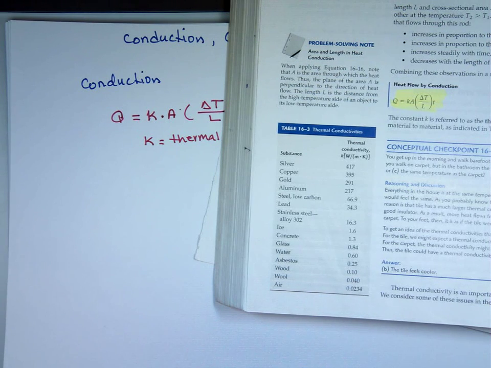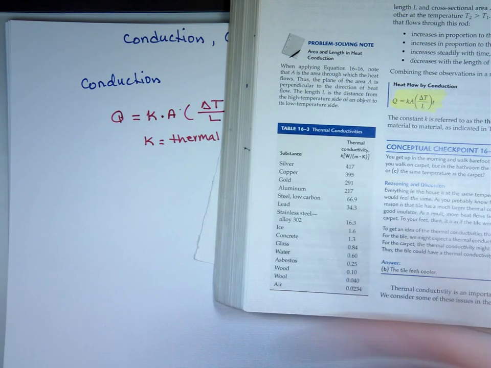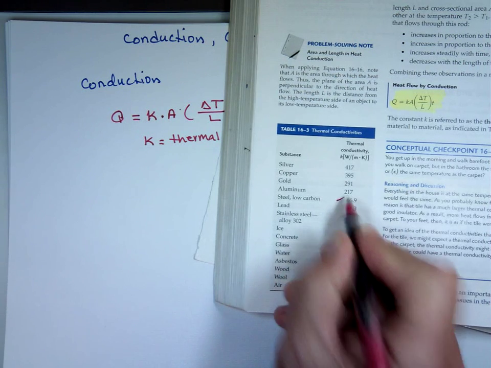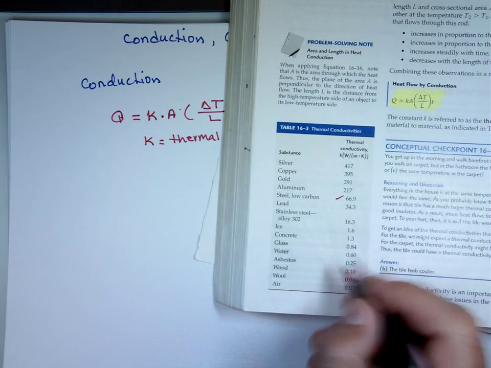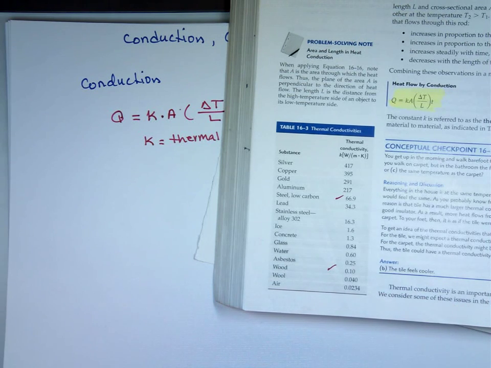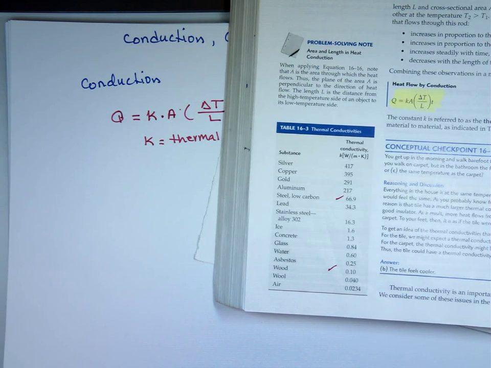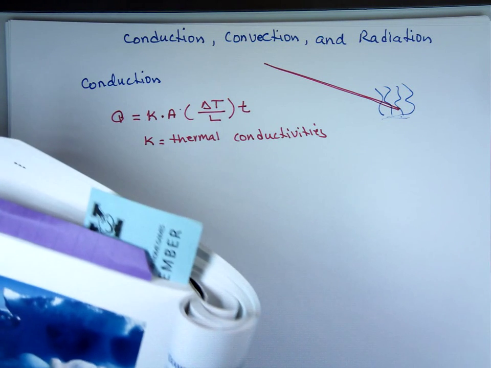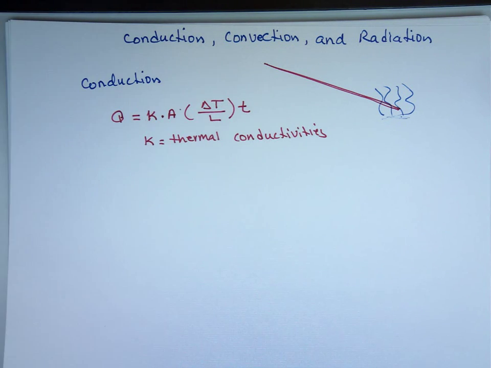So let's do one example. What do you want to use for the rod? Copper, aluminum, steel? Steel, okay. Let's use steel. We're going to use steel, and we'll do it with wood afterward. Let's assume I have this rod.